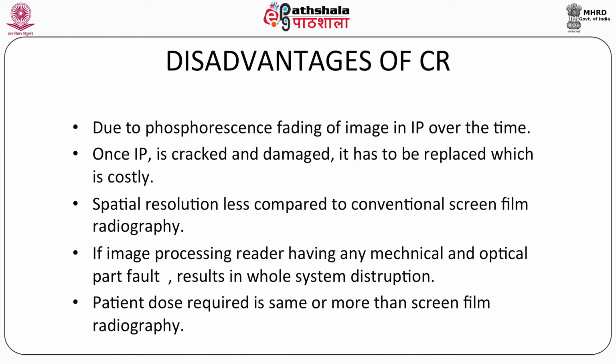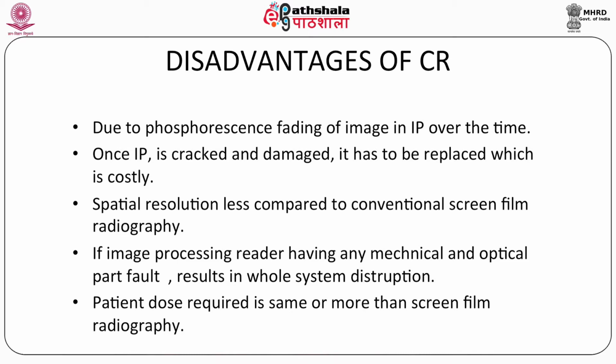Now, the disadvantages of CR. Due to phosphorescence, fading of the image in the imaging plate might take place over time. This is why I told you that the plate should be read out as quickly as possible. Once the imaging plate is cracked and damaged, it has to be replaced, which is costly. Spatial resolution is less compared to conventional film screen radiography.